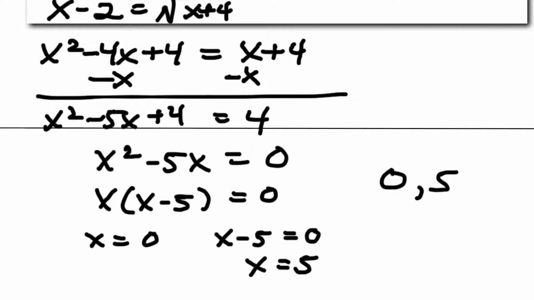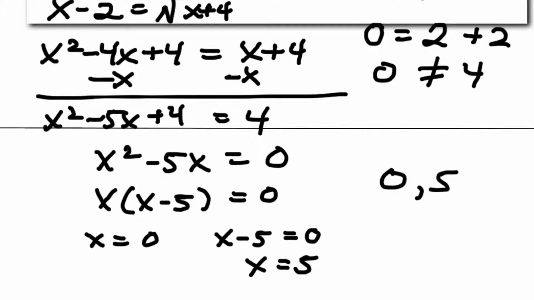Okay, so if x is 0, it's 0 equals square root of 0 plus 4 plus 2. So 0 equals square root of 4 plus 2. 0 plus 4 is 4, so the square root of that is 2, and then it's plus 2. So 0 doesn't equal 4, so that doesn't work.